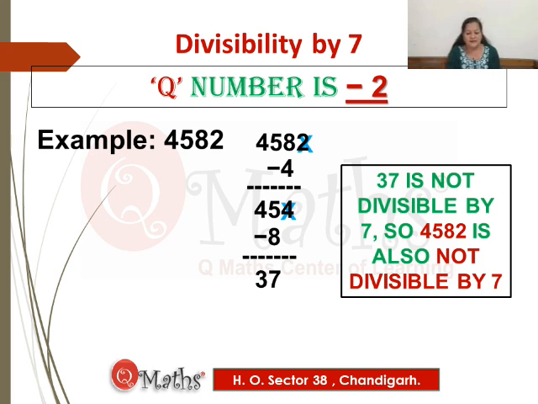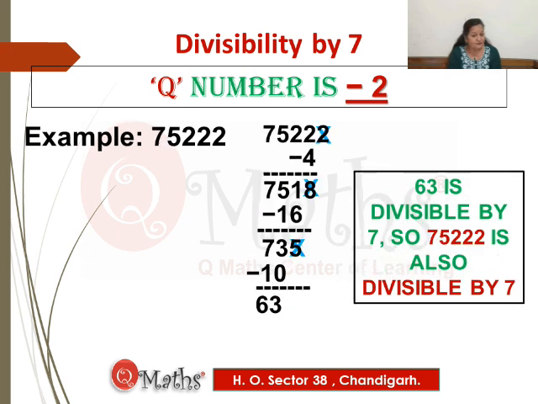Now take another example of 7. Take 75,222. 2 into minus 2 is equal to minus 4. 7,522 minus 4 is equal to 7,518. Now 8 into minus 2, it comes minus 16.